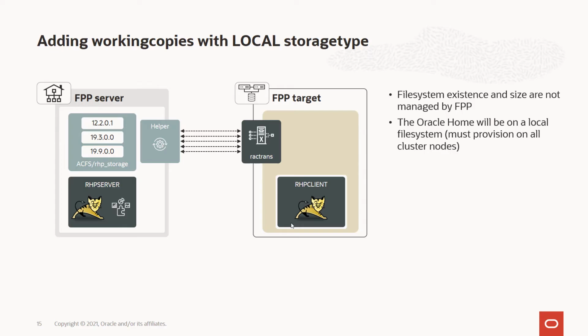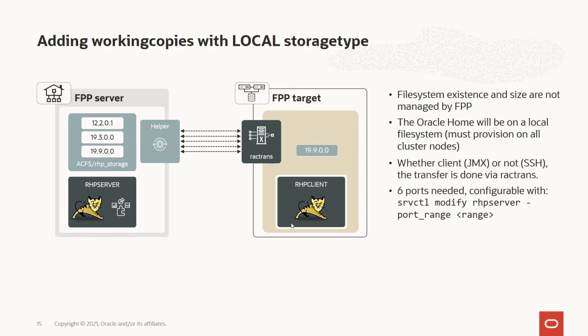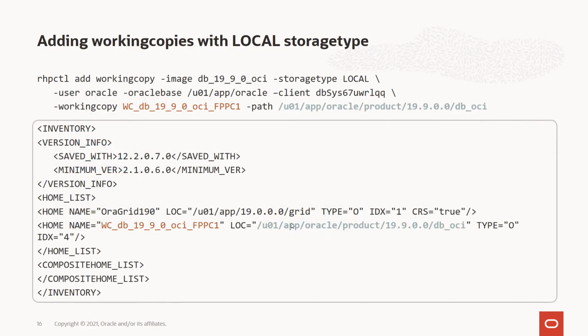So the customer has to create a file system, for example u01, and make sure that there is enough space to host the working copies. And then what FPP does is copy the gold image as a working copy on the target. And later it configures these binaries inside the target and registers them into the central inventory.